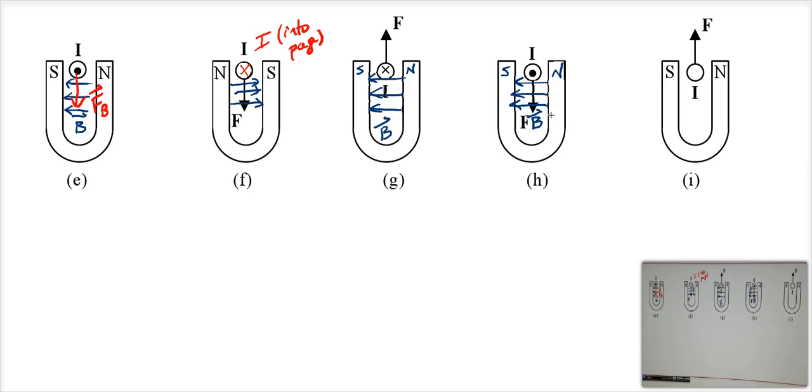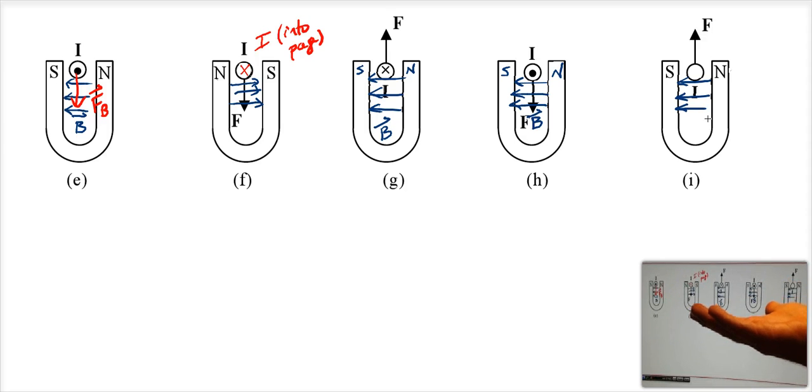In our last example, in I, we know that the force is upwards. We know that there's a north and a south, so that means the field lines are going to the left, and we're asked to find the direction of the current. So orient your fingers to the left.